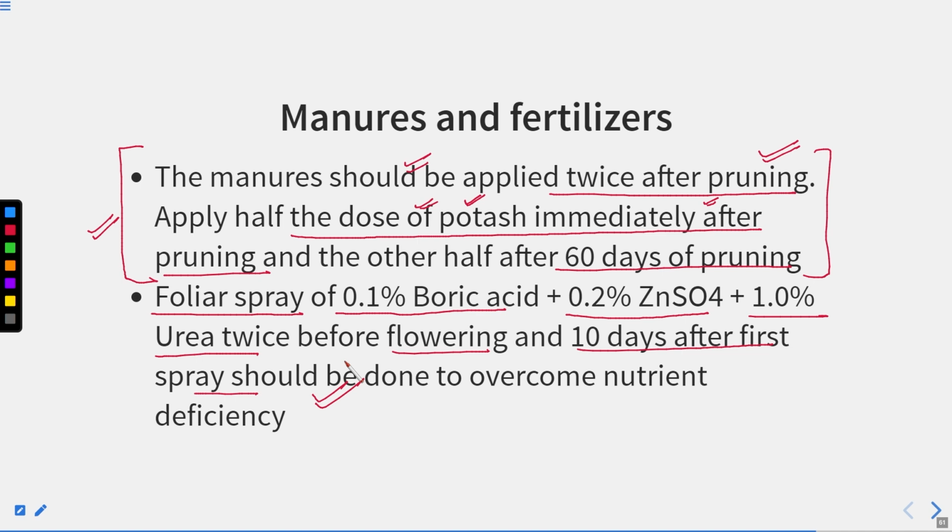So for that we have to give a foliar spray of 0.1% boric acid plus 0.2% zinc sulfate plus urea. This is all done so that the plant does not have any type of nutrient deficiency. So these sprays should be there.